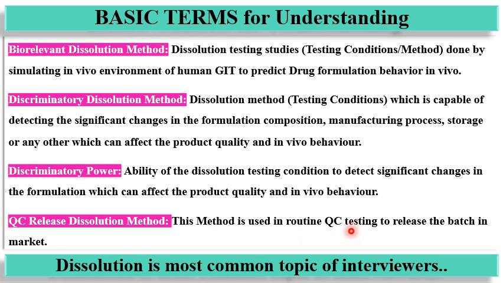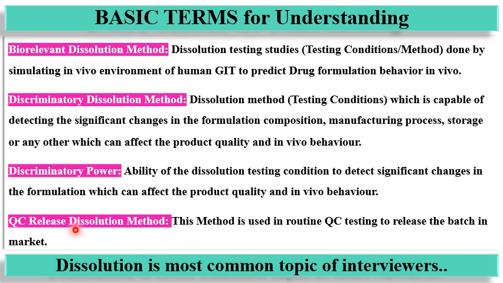Then coming to the QC release dissolution method. This method is used in routine QC testing to release the batch in the market. Nowadays regulatory authorities are asking for your QC release dissolution method to be a discriminatory method.